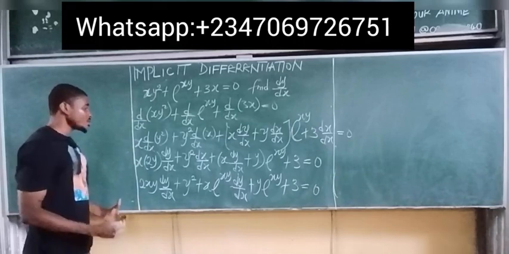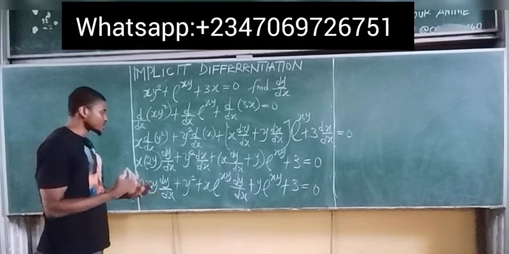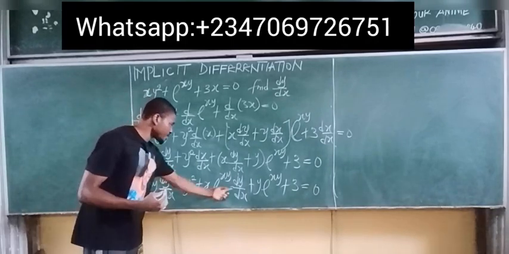So from here now, all I need to do is simply collect like terms, let the dy/dx come together. I have the dy/dx here, I have it here as well.